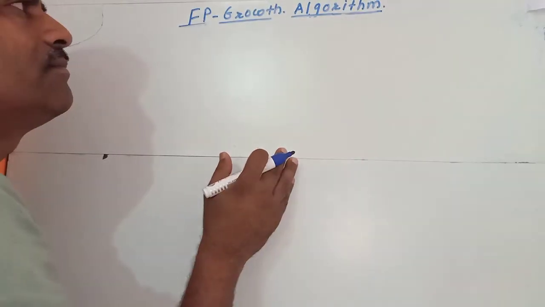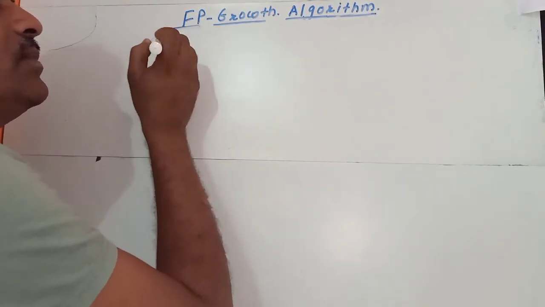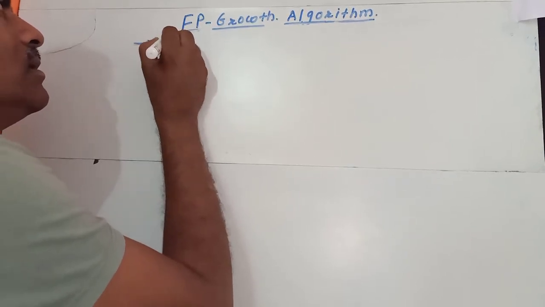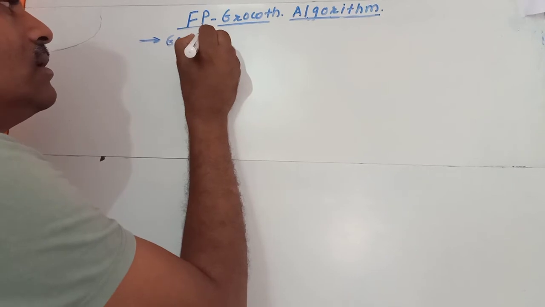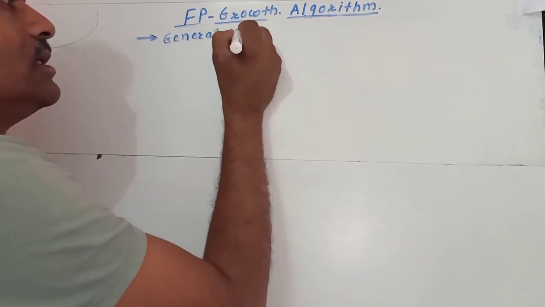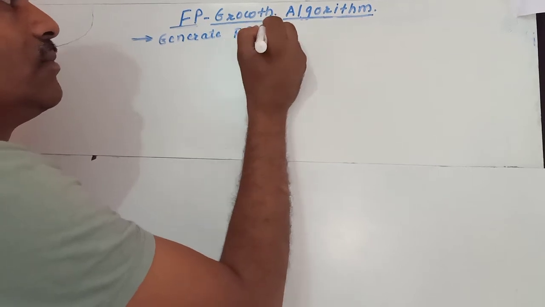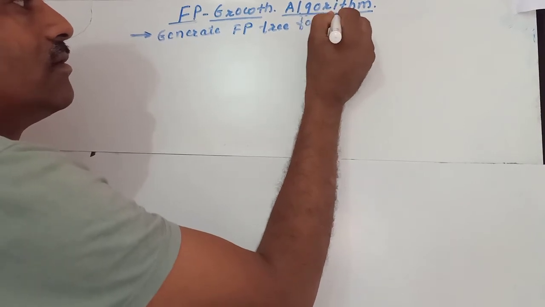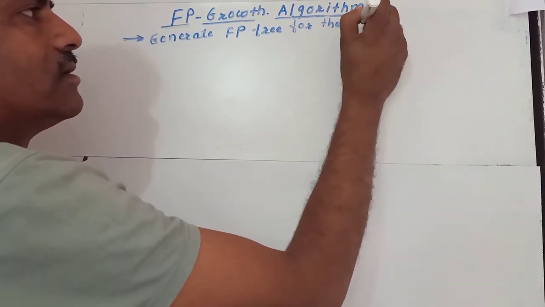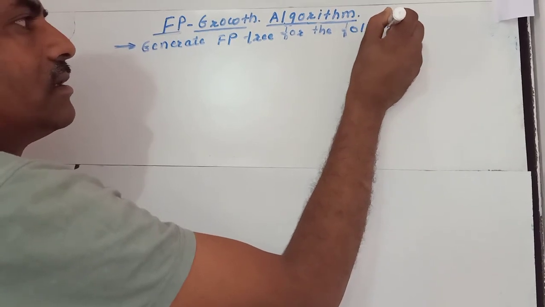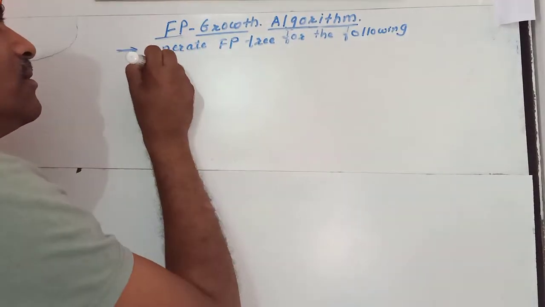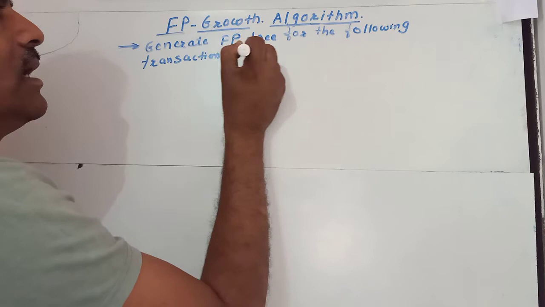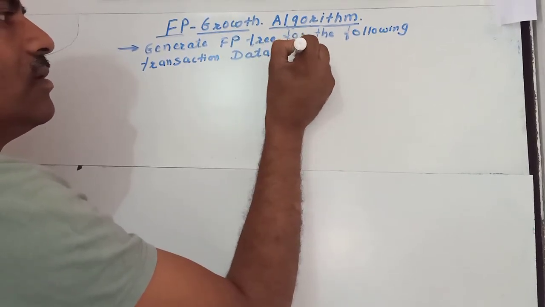To understand or implement this FP growth algorithm, let us work on a question. The target is to generate a frequent pattern tree for the following transaction data set, right?